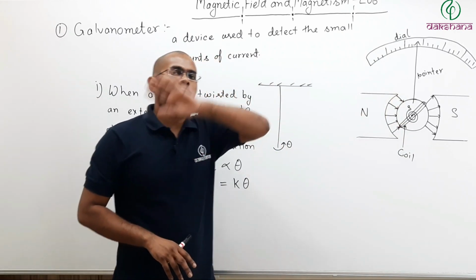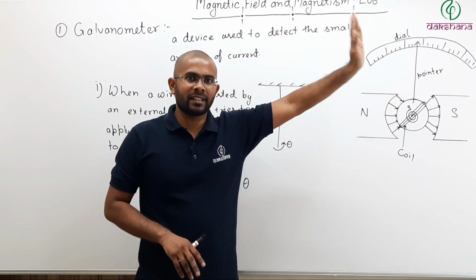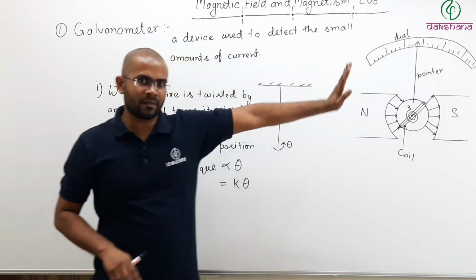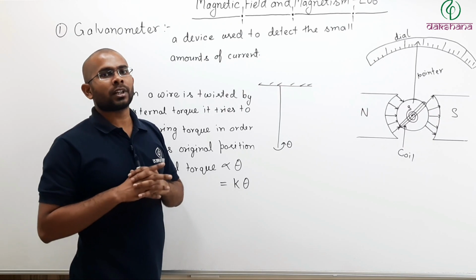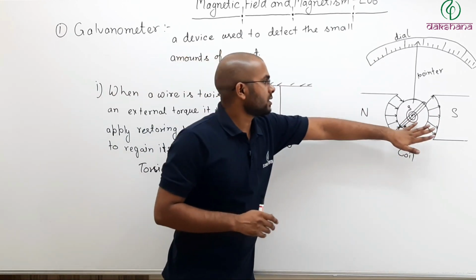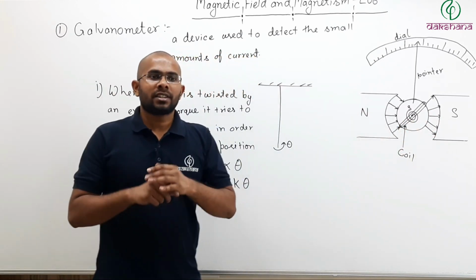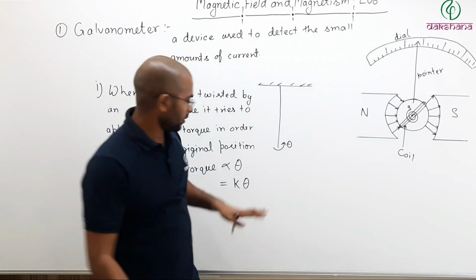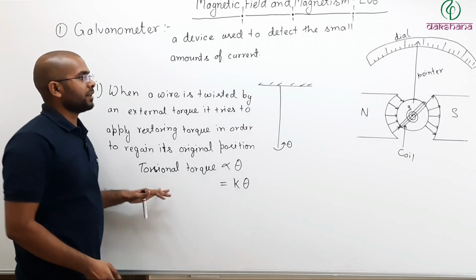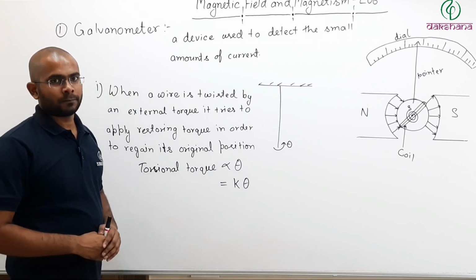Now it is different from the force constant, which is k delta x, right? It is different from that. But here K times theta will be the restoring torque applied by this spring, and theta is the angle by which that spring is twisted. So pause the video, note it down, then we will move forward.